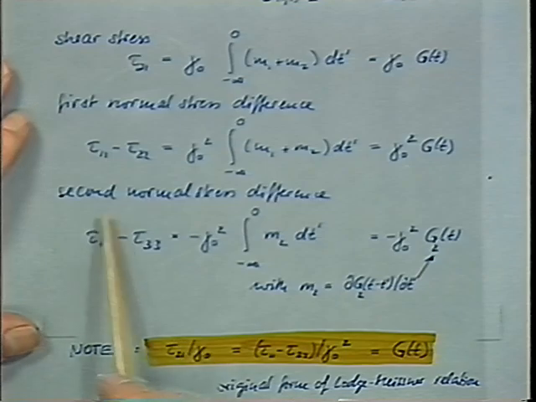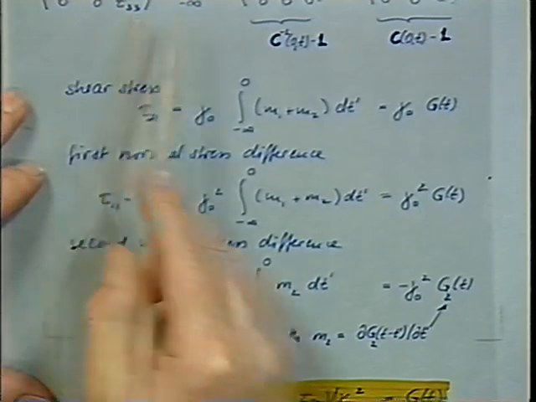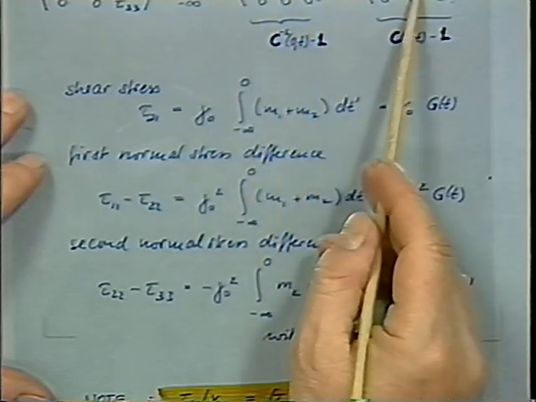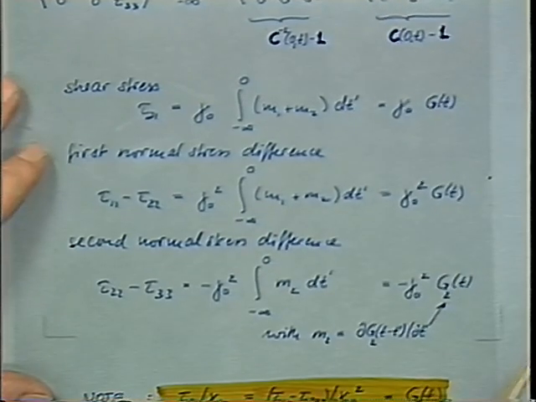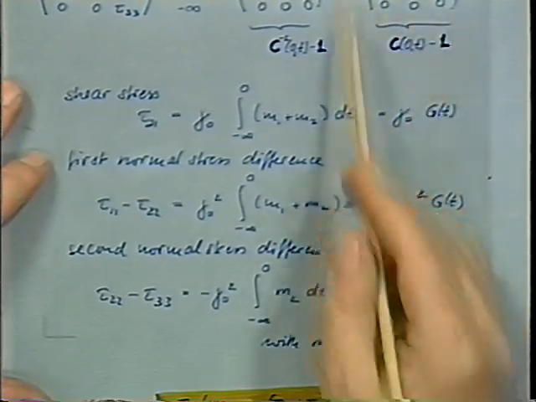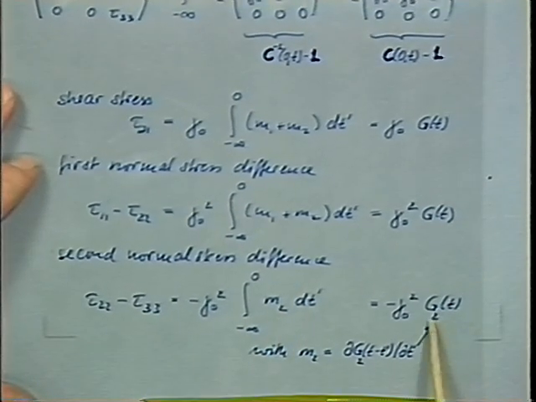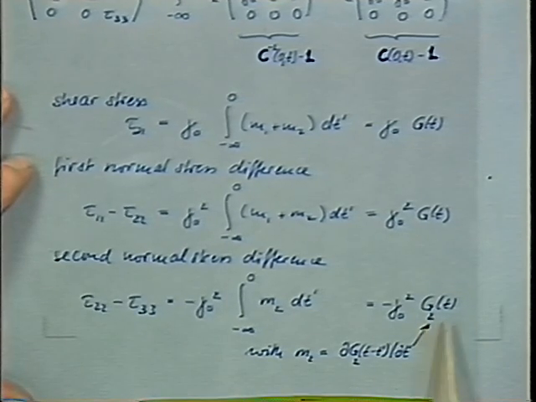When looking at the second normal stress difference, tau 22 minus tau 33, you see that the finger strain doesn't contribute, only the Cauchy tensor contributes. It comes in with a minus sign here, minus gamma 0 times this integral, and this would be the m2 contribution if we split up our relaxation modulus in an m1 contribution and m2 contribution.